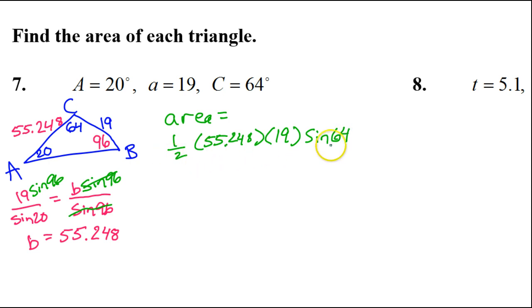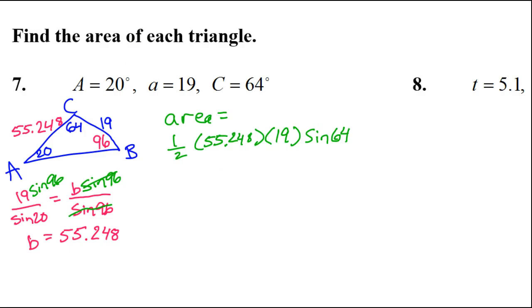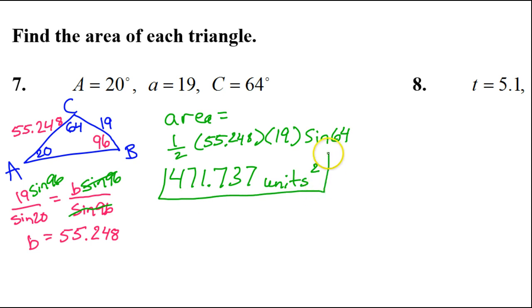So go ahead and put this whole thing in your calculator. Okay, I'm getting 471.737. And I'm going to go ahead and say units squared for area. Alright, that's it for number 7.